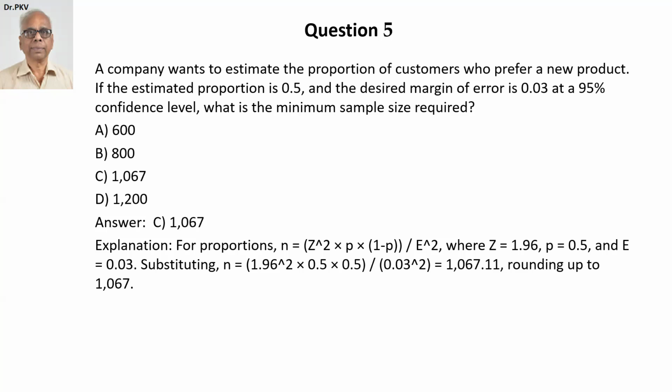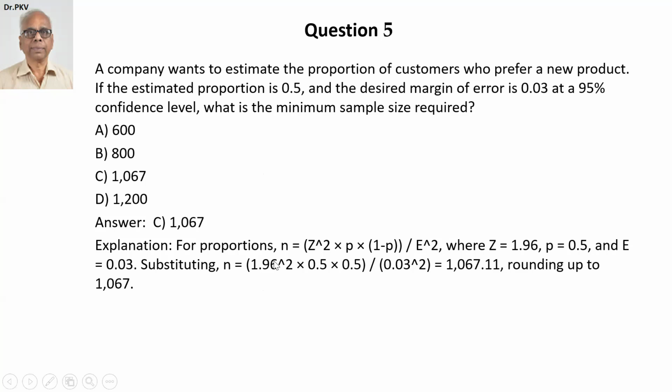For the proportion, the formula which you applied in the previous question gets simplified as follows. N is equal to Z squared into P into 1 minus P, the whole thing divided by E squared. Z is 1.96, P is 0.5, and E is 0.03. You want a margin of error of 0.03.